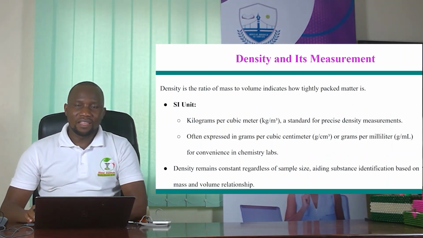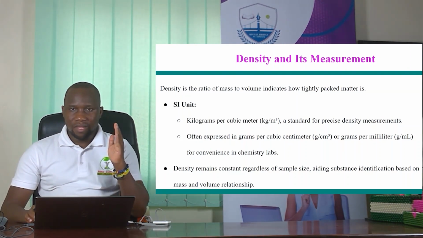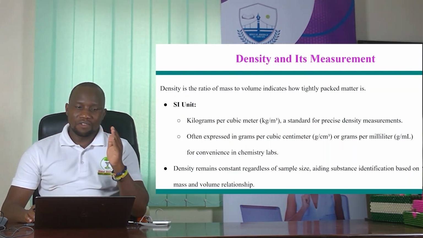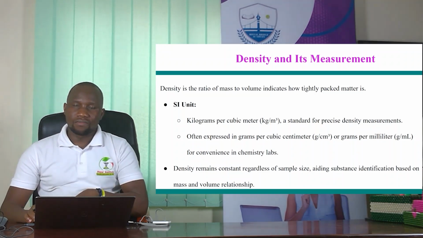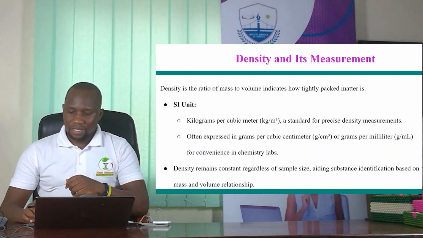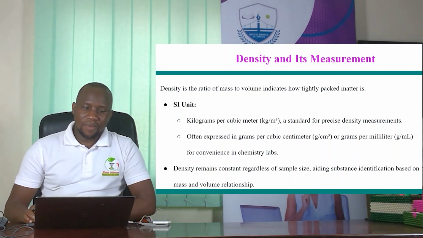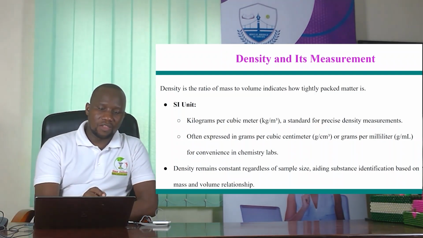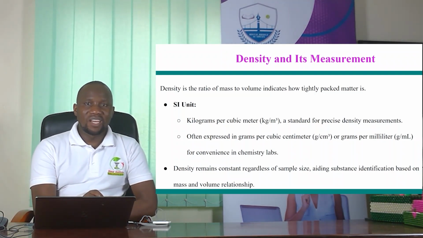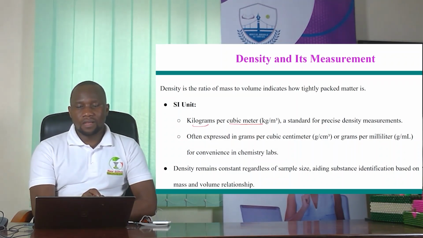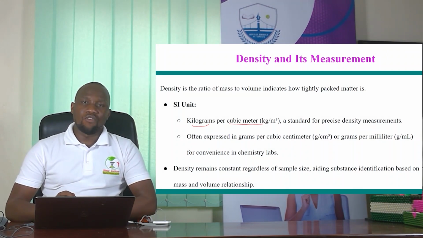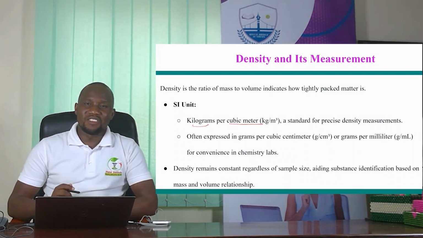Density, we have already said, is the ratio of mass to volume. It represents how packed matter is. The units are a combination of the unit of mass and the unit for volume, which is cubic meter.